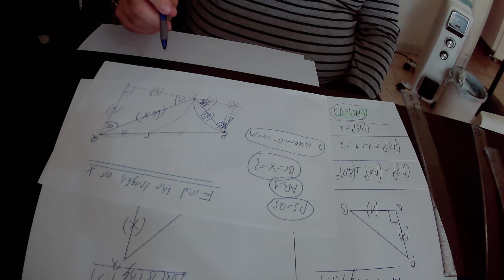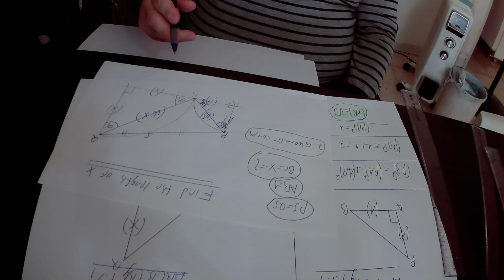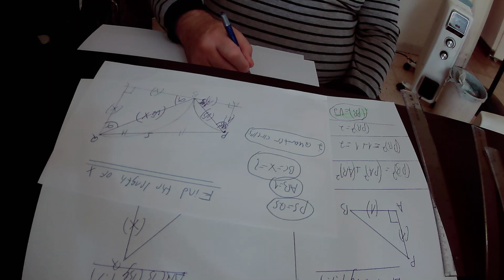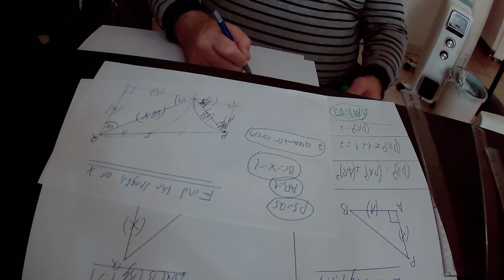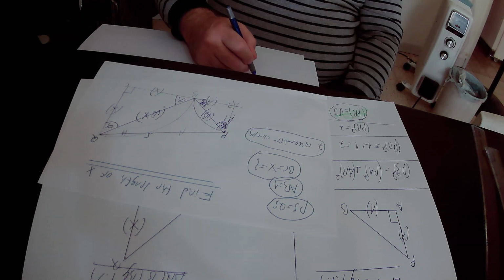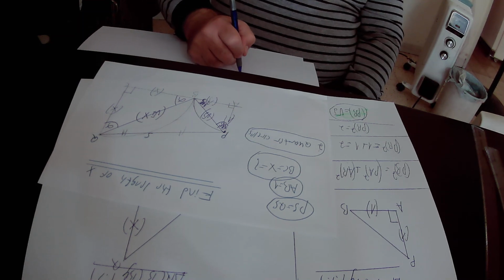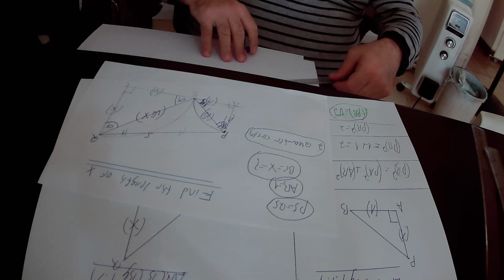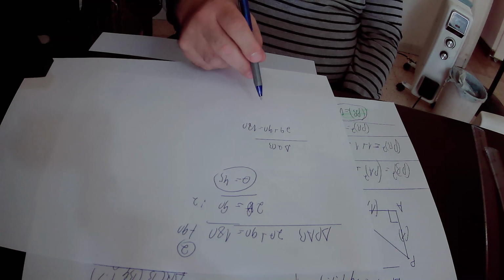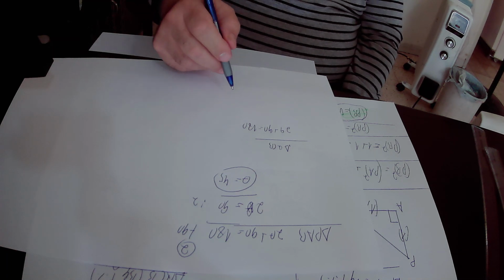Likewise, in the right triangle QCB, the sum of the angles must be equal to 180 degrees. So 2 alpha plus 90 degrees equals 180 degrees.